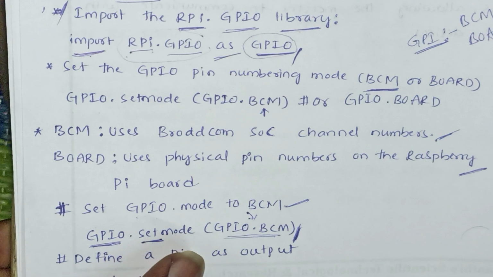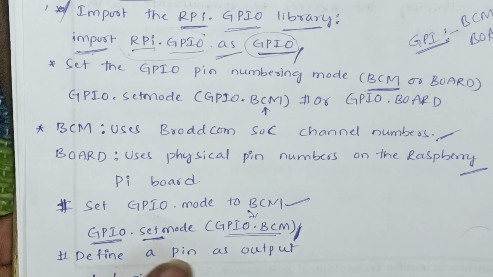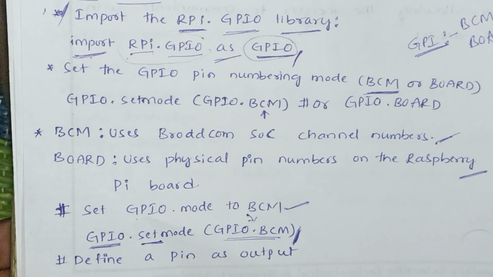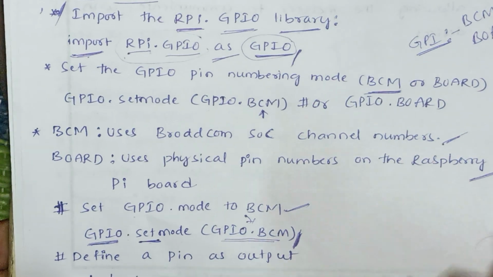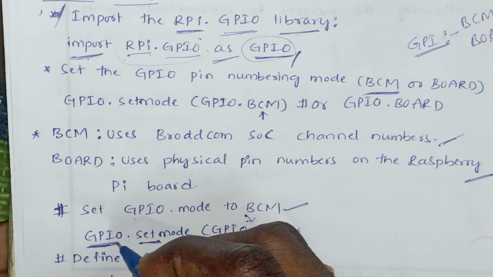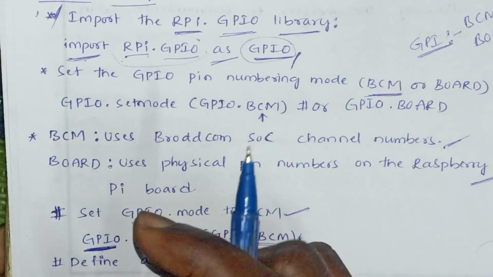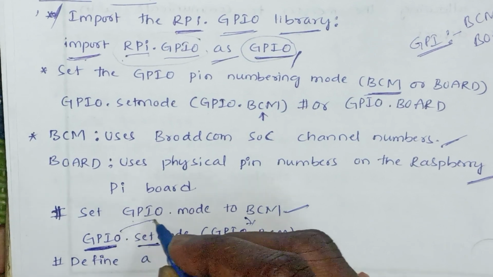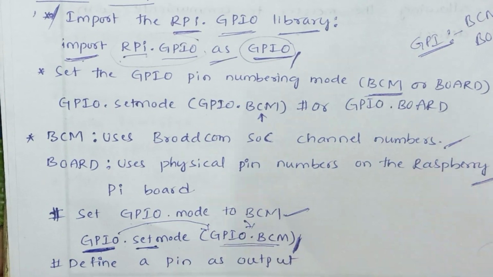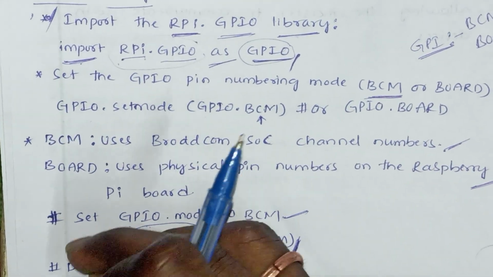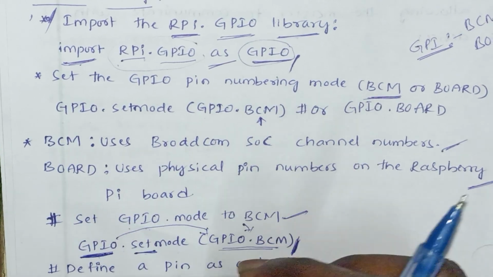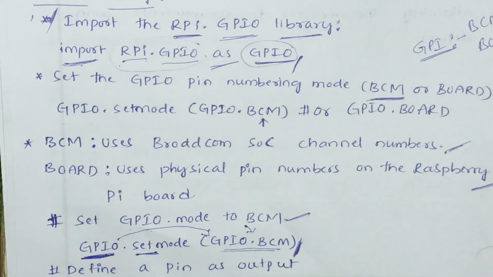Don't get confused here. A GPIO is a channel number, right? So that channel number is being set to GPIO.BCM, that's it. This number is transferring to this BCM. This is nothing but setting, right?